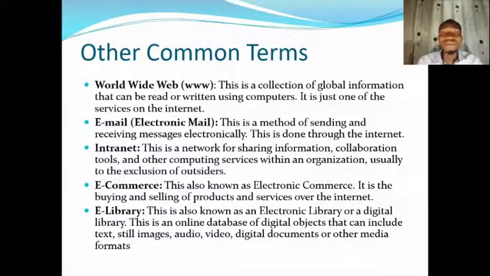So we have the conventional library, where I have books stored. The e-library is a library of electronic materials as well, like your electronic books, your texts, still images, audio, videos, digital documents, or other media formats.